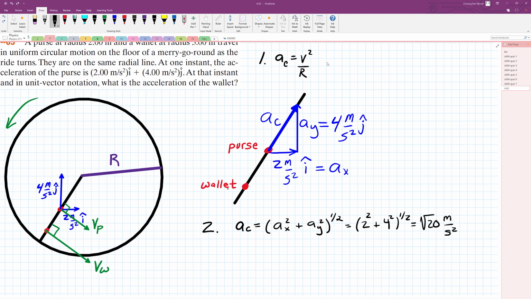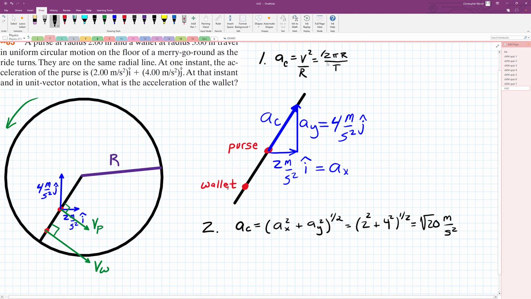A subscript c, centripetal acceleration, equals v squared over r. v is velocity, and I know velocity is distance over time, and I know the distance is just the circumference of that circle, 2 pi r. The time it takes to complete that distance is capital letter T, which stands for period. Period is the amount of time it takes an object to complete one cycle.